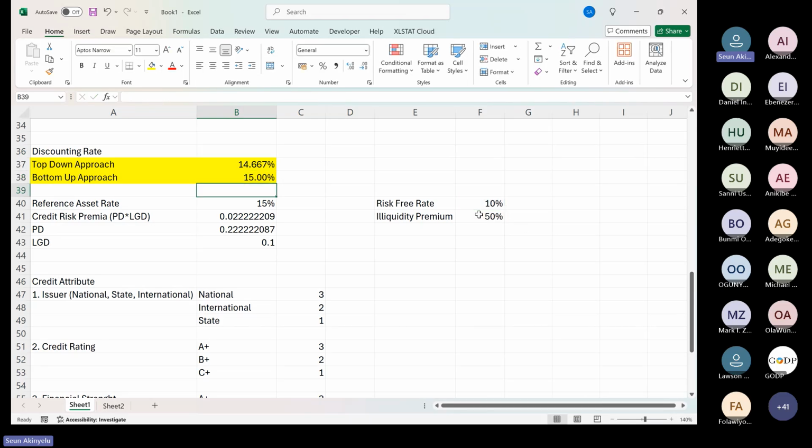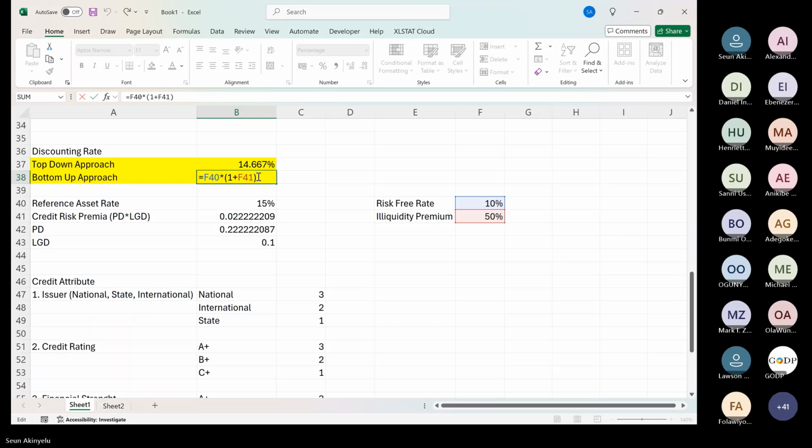So 10% times 1 plus the 50% that we have here, and that gives us this particular rate. This 15% is now the bottom up that we'll be using.